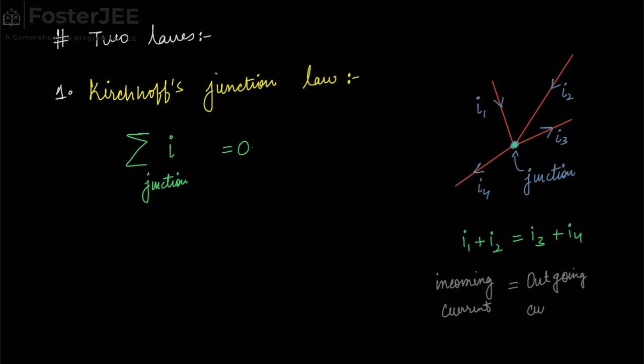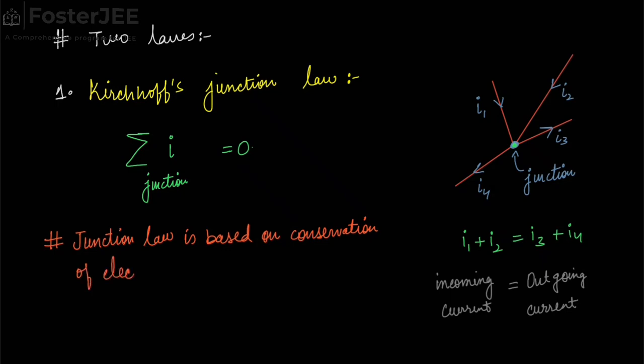So we can also mention a point that this junction law is based on conservation of electric charge, as charge cannot be created nor destroyed.